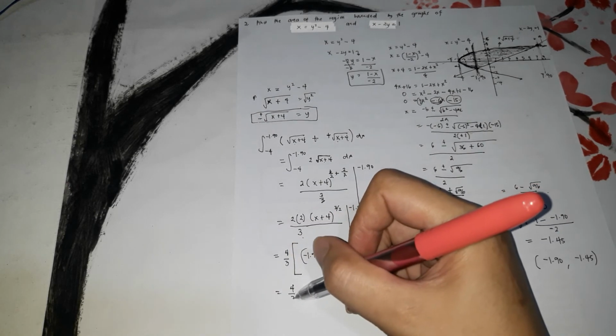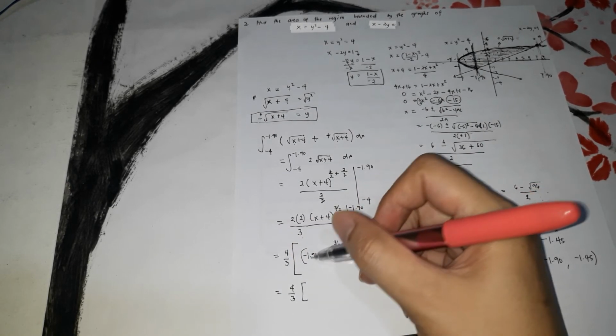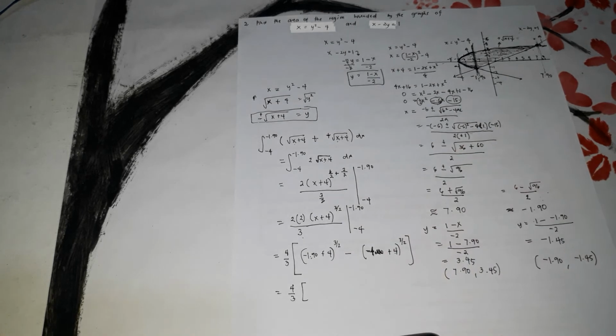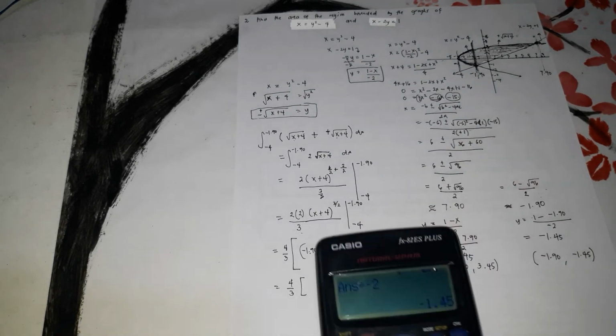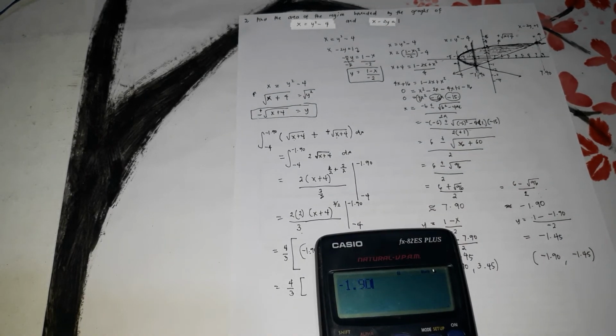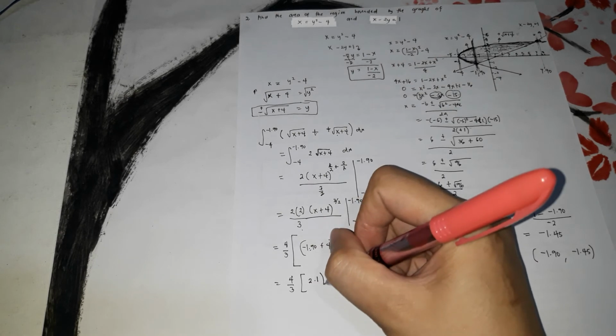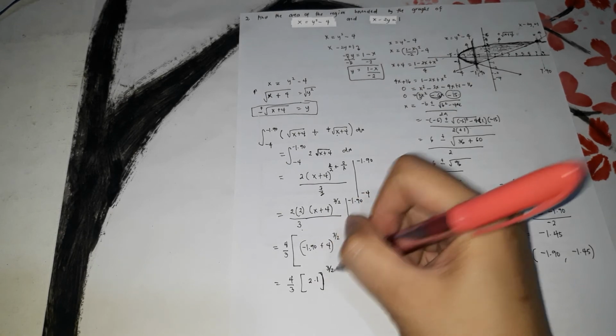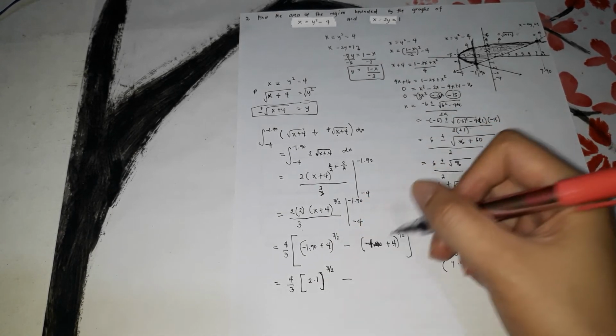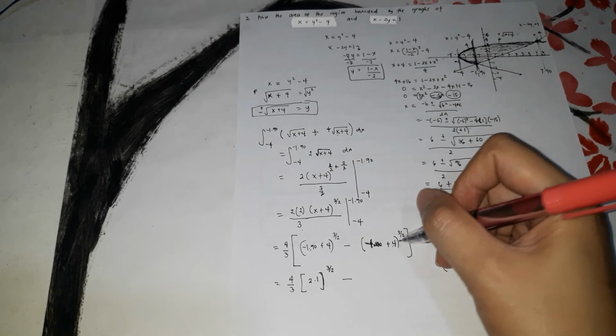So, 4/3 times: negative 1.90 plus 4 is 2.1. So, 2.1 raised to the power of 3/2 minus negative 4 plus 4 is 0. So, 0 to the power of 3/2 is still 0.